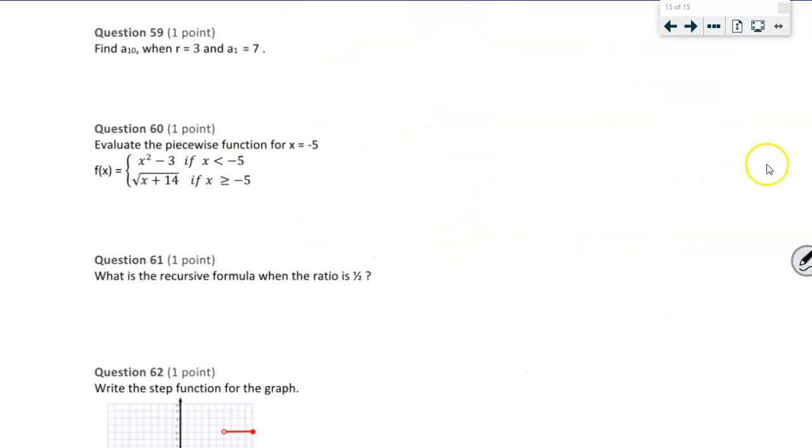All right, so find the 10th term when the ratio is 3 and our first term is 7. That's what this is about. So we're going to use our formula. a sub 10 is equal to 7, that's our first term, and then our ratio is 3, and we're going to do 10 minus 1, right?